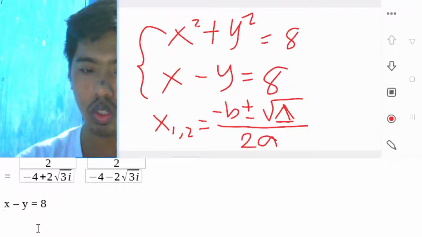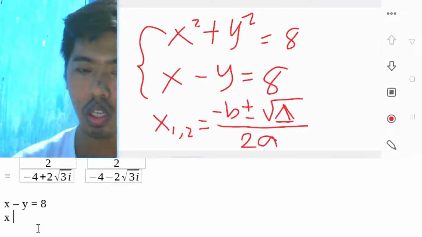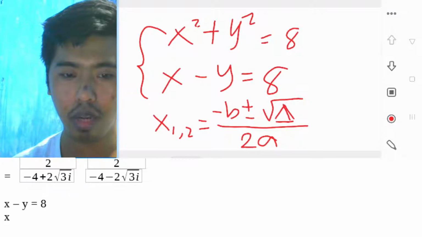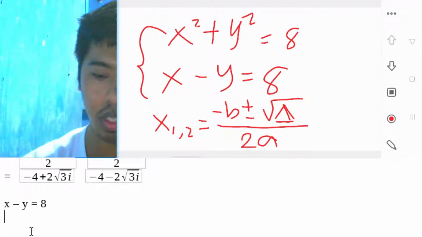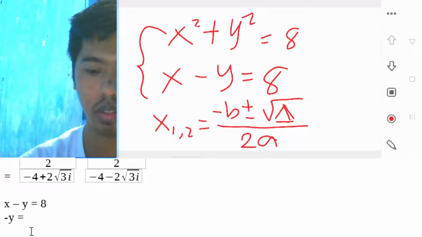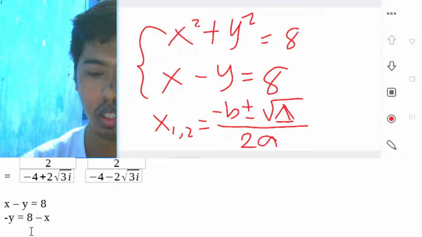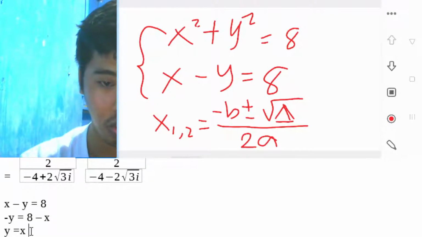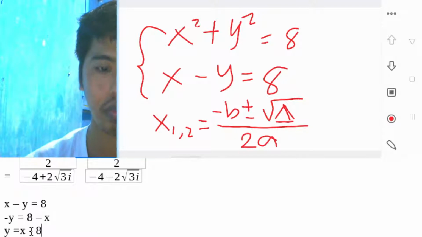So we'll change this one x ganiha y man to. Here nangita ta na si x ang atong gikuan para ma-substitute nato karon bali. So here it become negative y equal to 8 minus x, then here it will become y equal to x minus 8, diba?